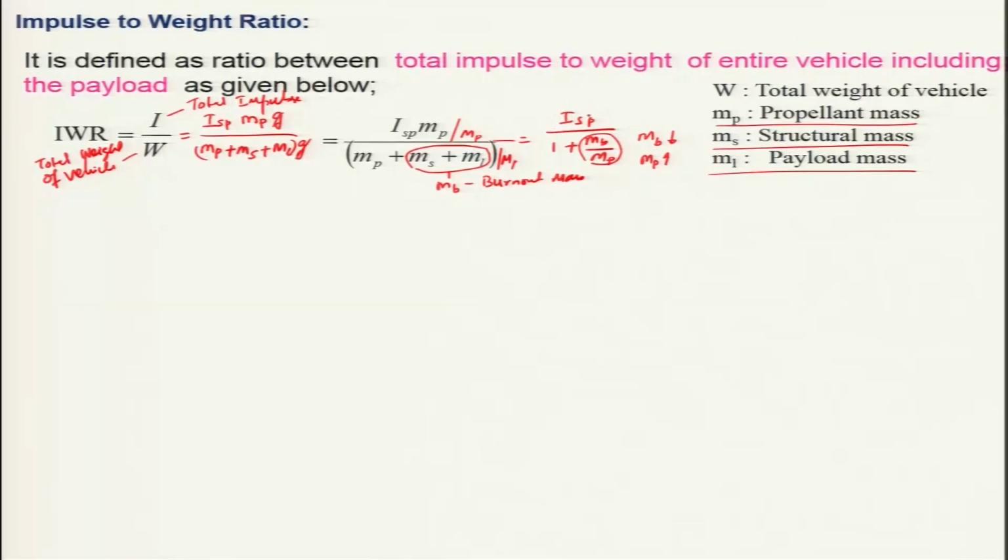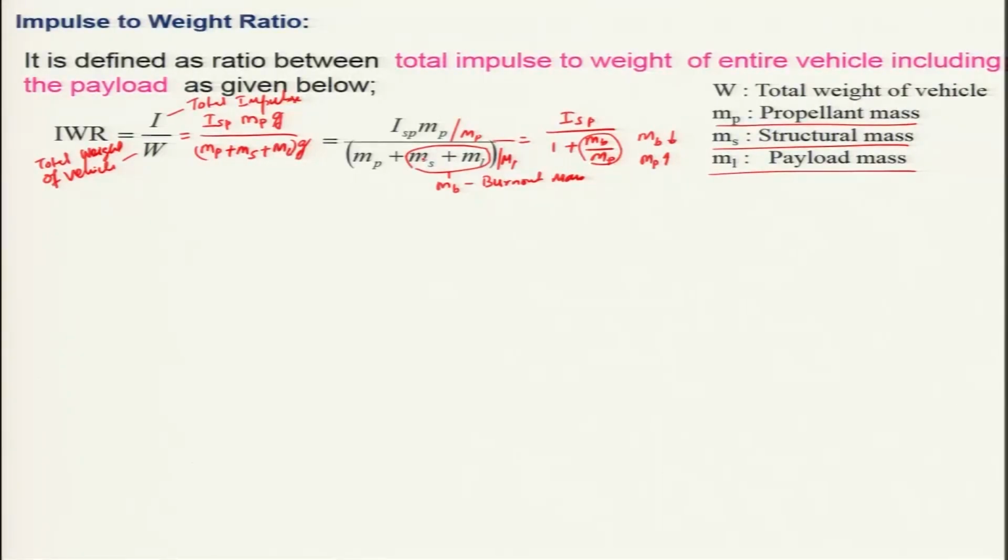For a particular specific impulse, I can increase the impulse to weight ratio by either decreasing the burnt out mass or increasing the propellant mass, or both combinations. Keep in mind that payload is generally fixed for a particular design, so the structural mass is the thing one has to decrease.